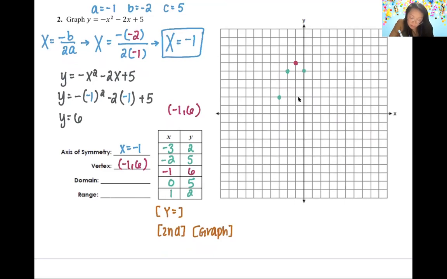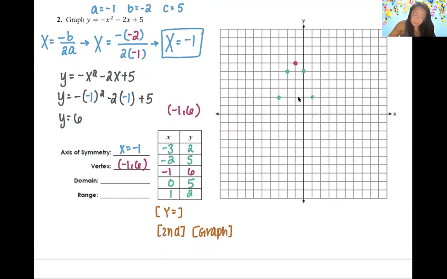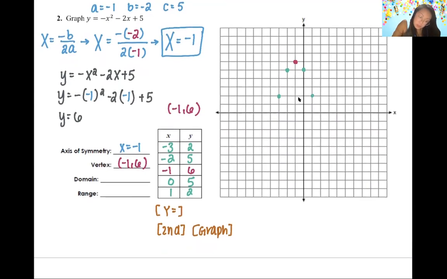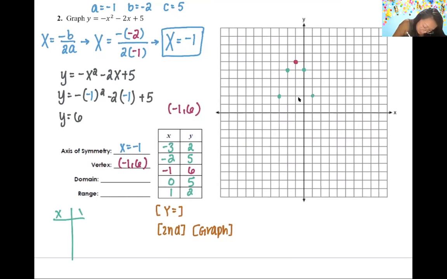And 1, 2. Actually, look, my graph looks really small, so I think I can go ahead and plot the other points too. Let's see if I can find more points on my calculator that will fit. I noticed the point -4, -3. So let me keep going here. -4, -3 also fit.